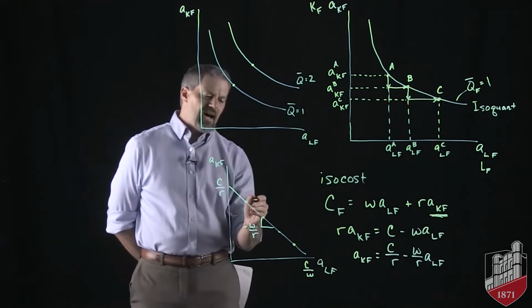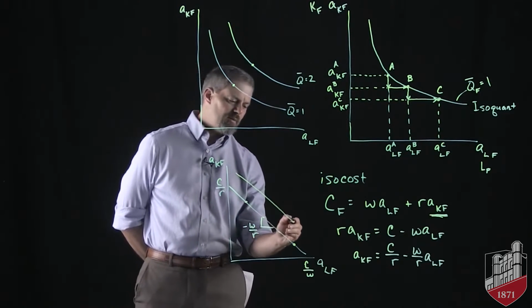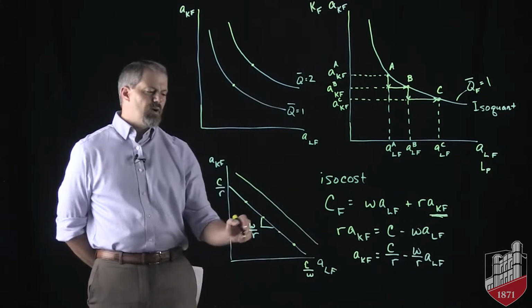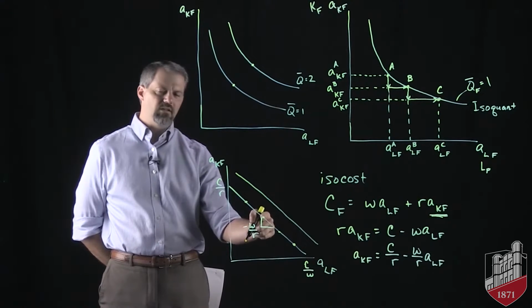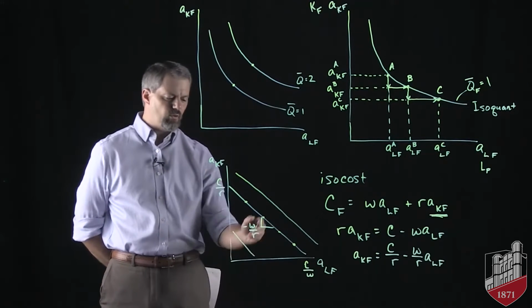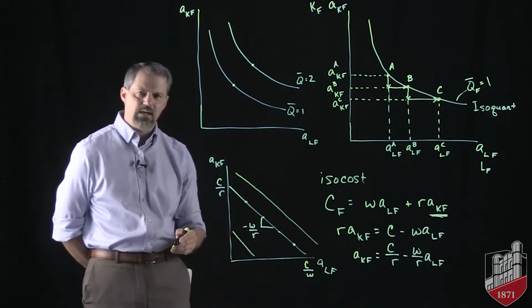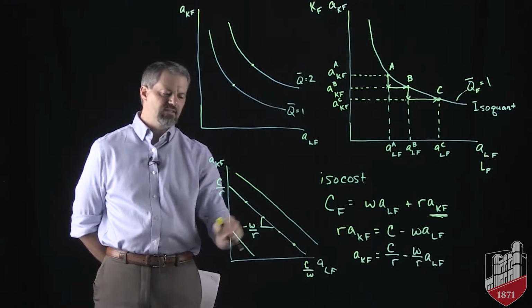If we were thinking about isocost lines to the northeast of this, an isocost line up here would represent combinations of labor and capital that cost more than any bundle on this line. And of course, an isocost line that's closer to the origin would represent combinations of labor and capital that cost less than any bundle on this line.